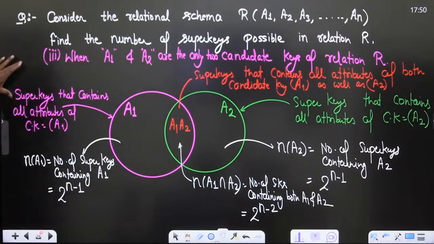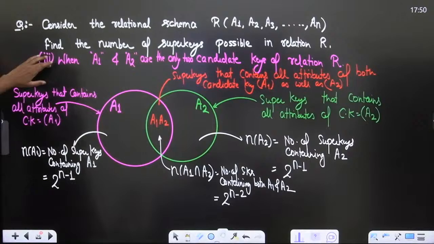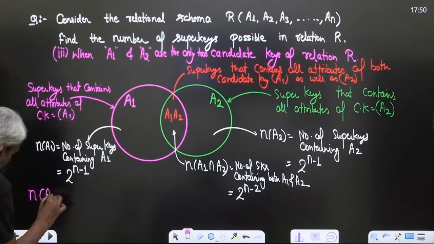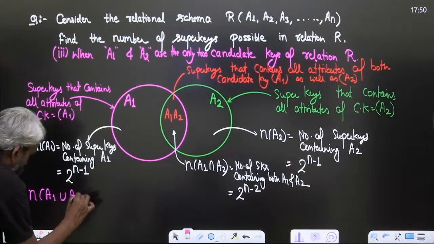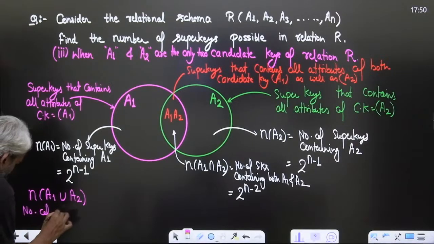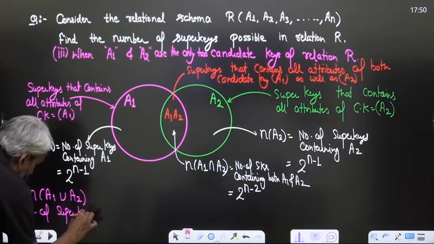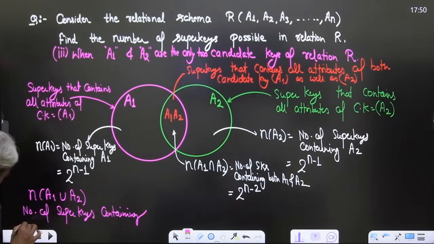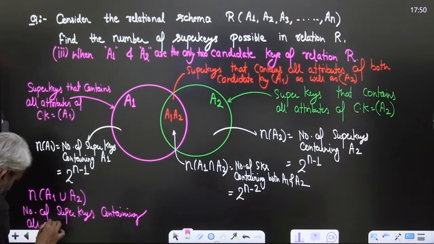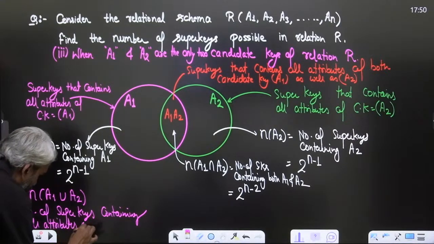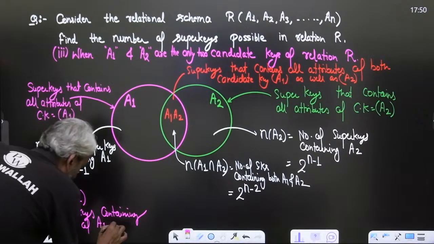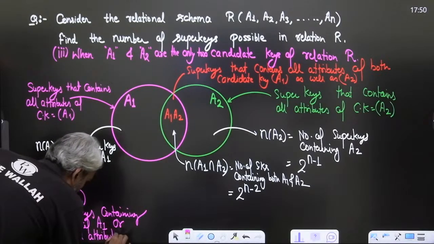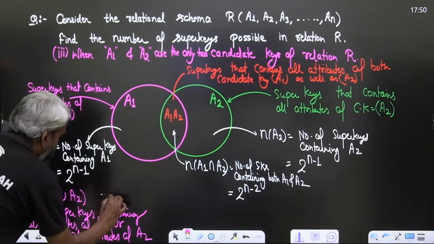So, if I ask you how many super keys are there containing A1 or A2, it will be calculated exactly once.